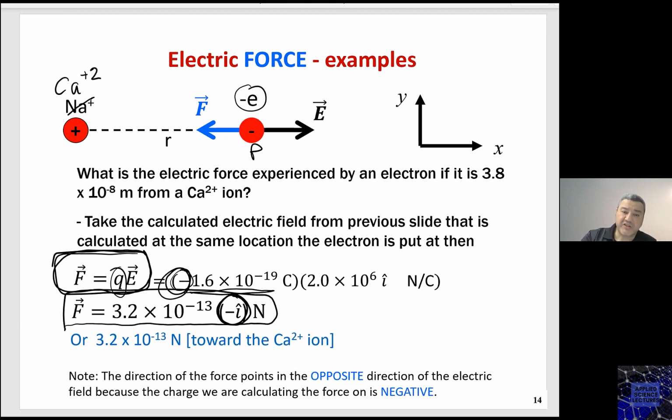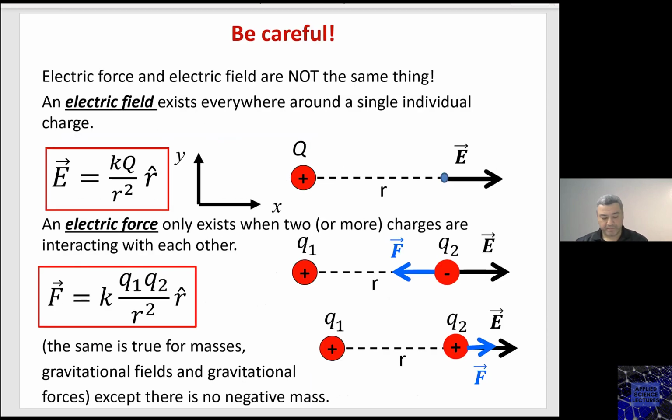If this charge that I put at the location where I calculated the electric field is negative, then the exerted force will be in the opposite direction of the electric field. So this is extremely important.